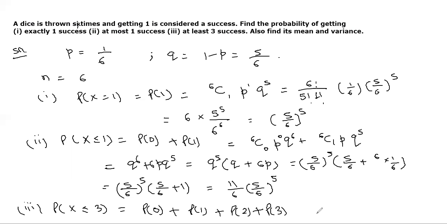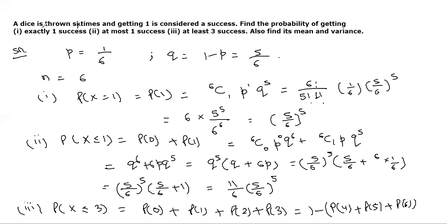Alternately, we can also write it as 1 minus probability of 4 success plus probability of 5 success and probability of 6 success. This sum P4 plus P5 plus P6 subtracted from 1 will be giving us the same answer. It can be easily calculated using the same formula.